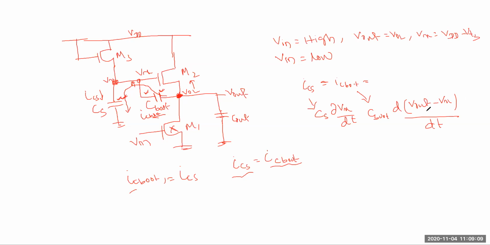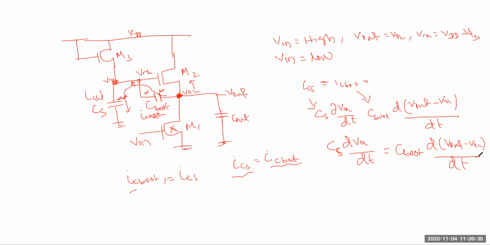Whatever the voltage change, that gives the current. So now we can equate both: C S dVx by dt is equal to C boot d(V out minus Vx) by dt. Yes or no? This part you understood, or you have any doubt?